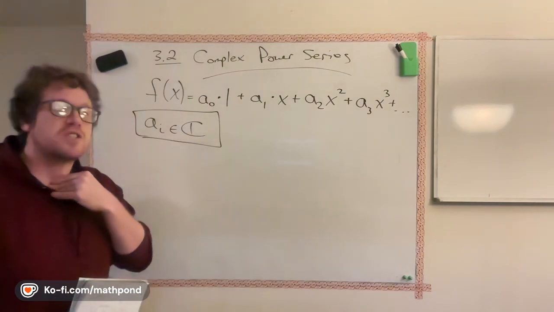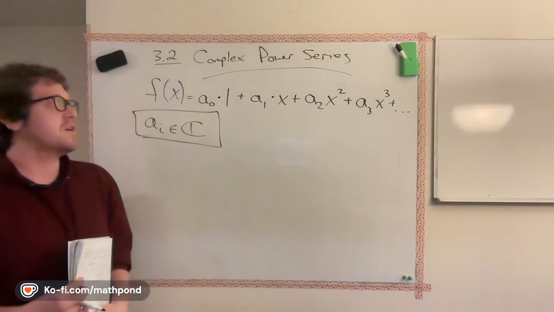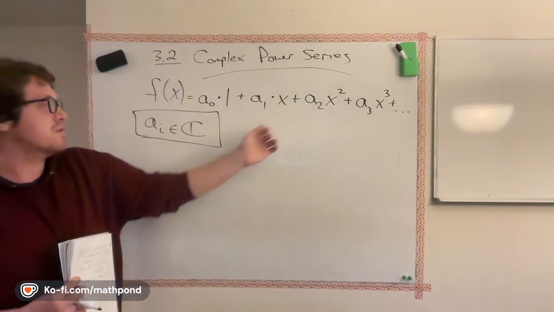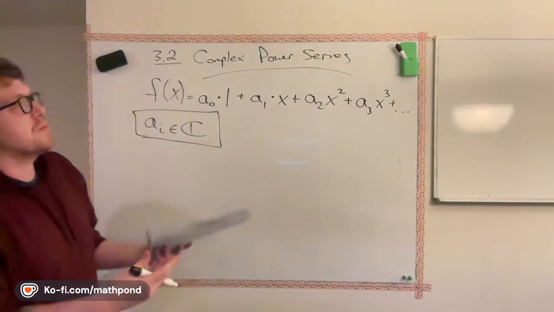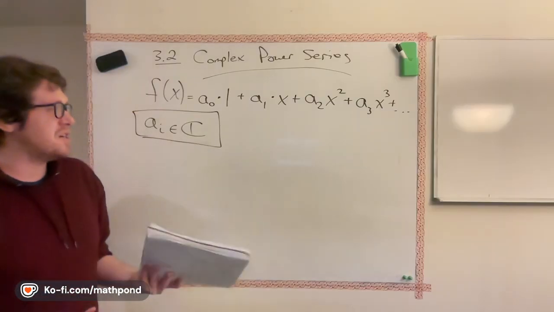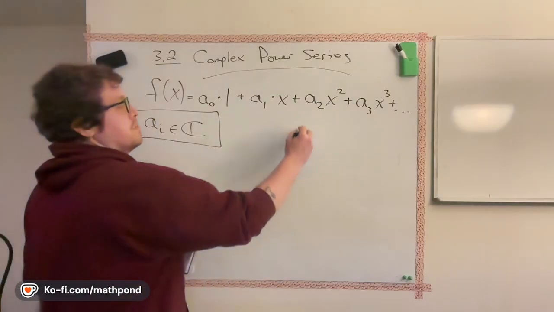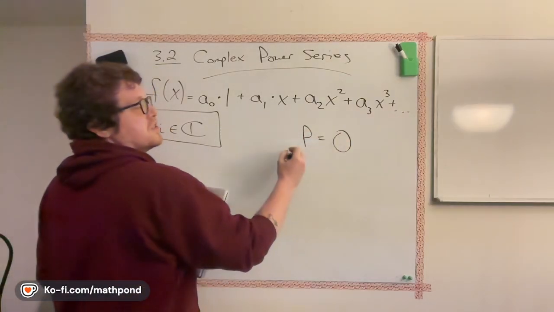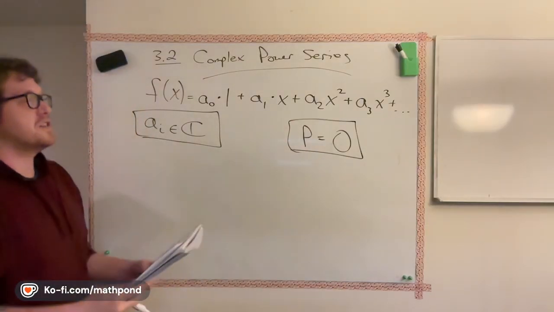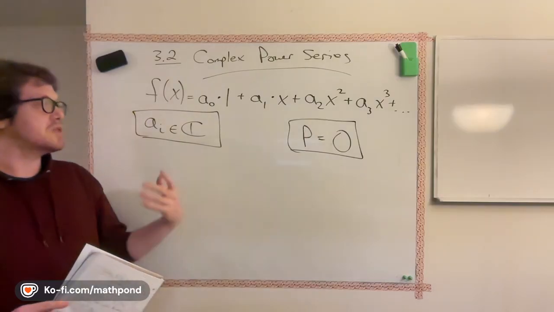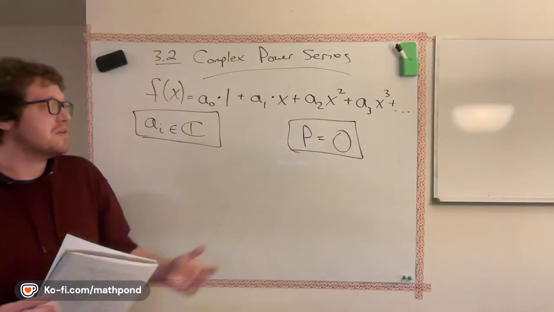So we're just talking about complex power series a little bit. Basically, if you know the real case, it's very similar to that, but now we're allowing these coefficients to be complex. And just to remind you, for Taylor series, let's assume P, the point we're doing the Taylor series around, is just 0 for now, to make things simple. There's this notion of taking a Taylor series expansion of a function if it has infinitely many derivatives.